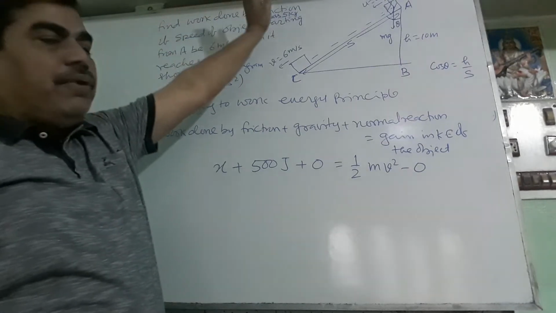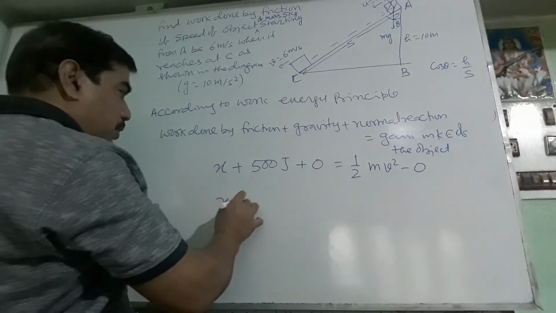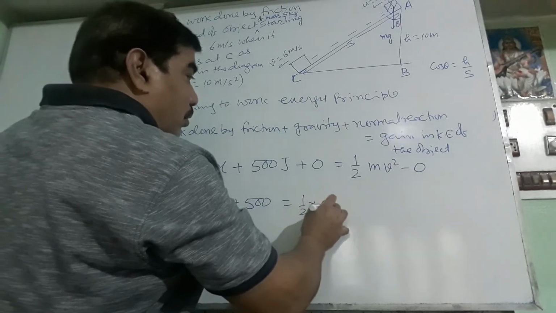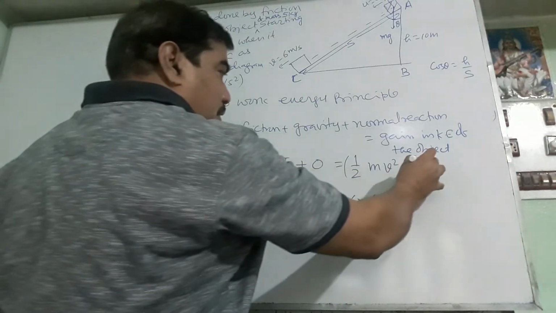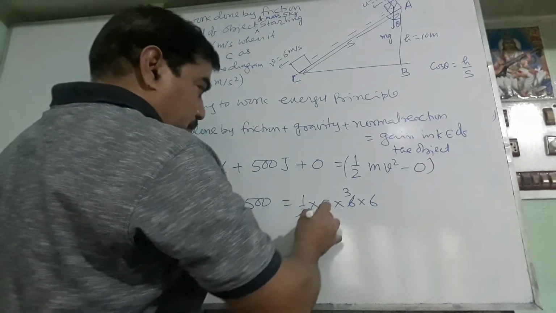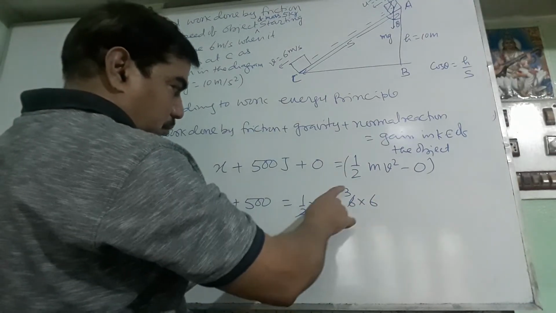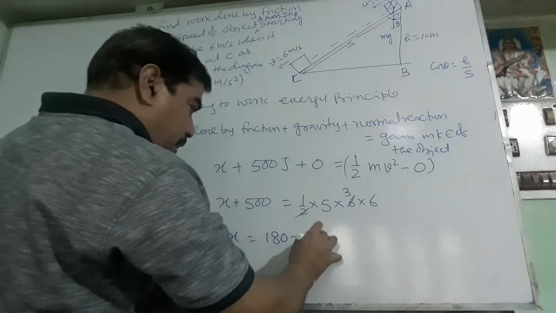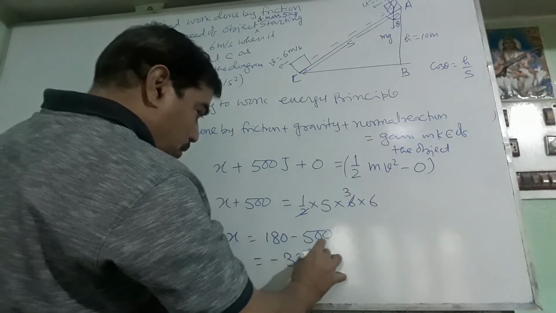So x plus 500 will be equal to half into 5 into 6 into 6. So x is 180 minus 500, so it is minus 320 joule.